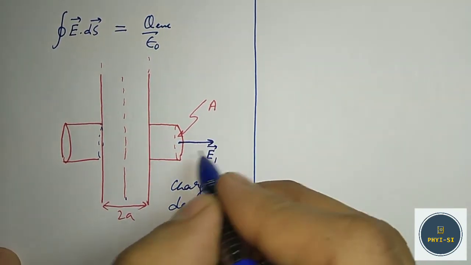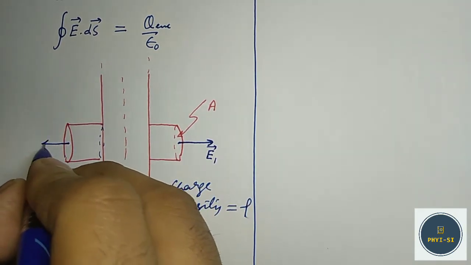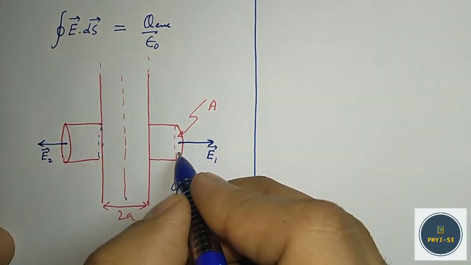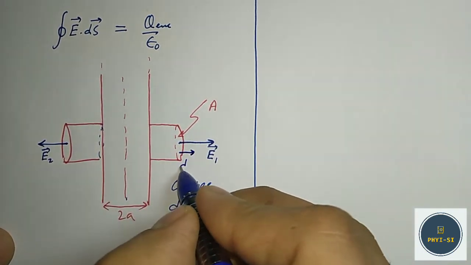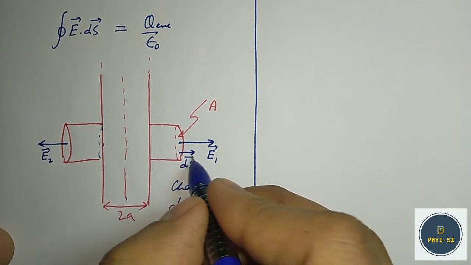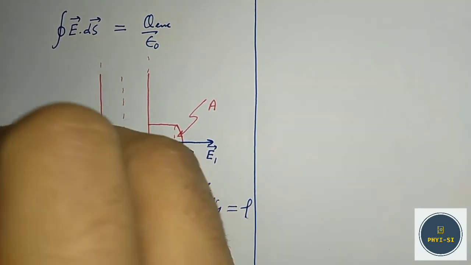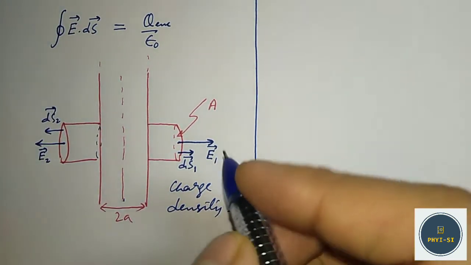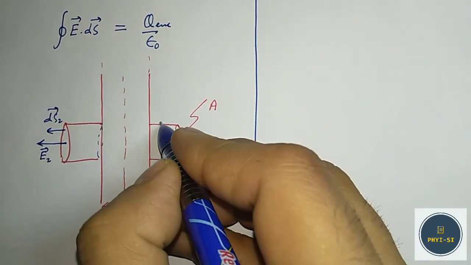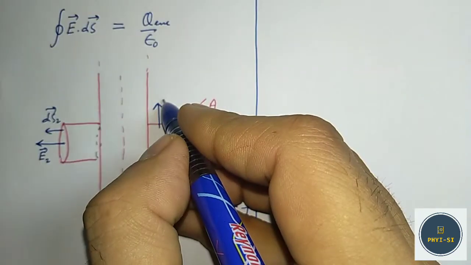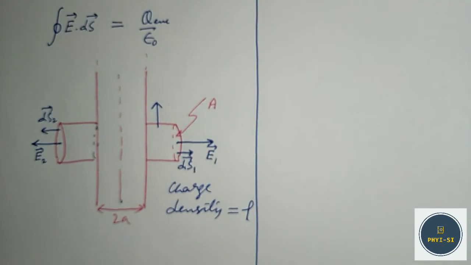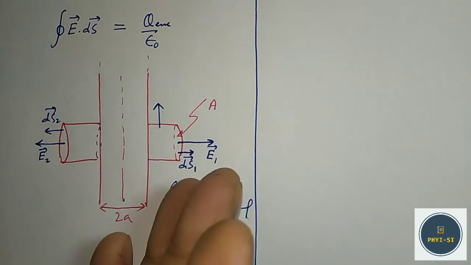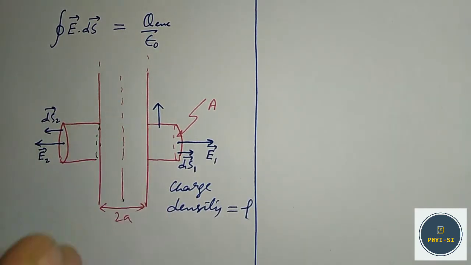Let's say it is E1, and the electric field here should also be perpendicular. A small portion of this area is ds1 and a very small portion of this area is ds2. For the curved surface there is no electric field flux, because the slab is so large that the electric field must be perpendicular and there will be no component of the electric field in this direction.